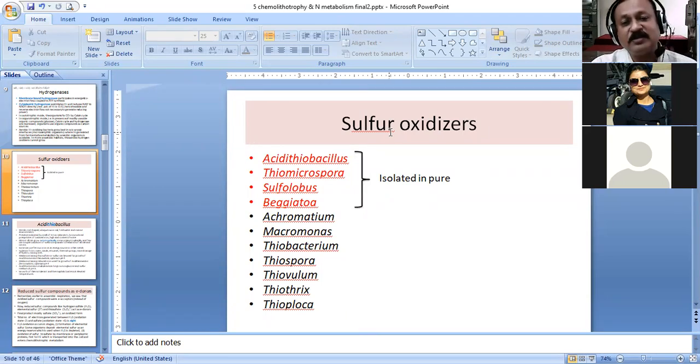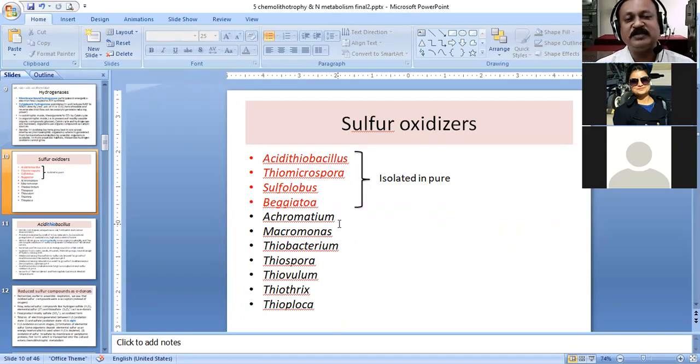But here the sulfur compounds are actually being used as the electron donors, right? And all these organisms which can do that are called sulfur oxidizers or sulfur oxidizing bacteria. So here are some of the names which I have written: Acidithiobacillus. Yesterday, I think I have told you that the genus Thiobacillus is now changed.